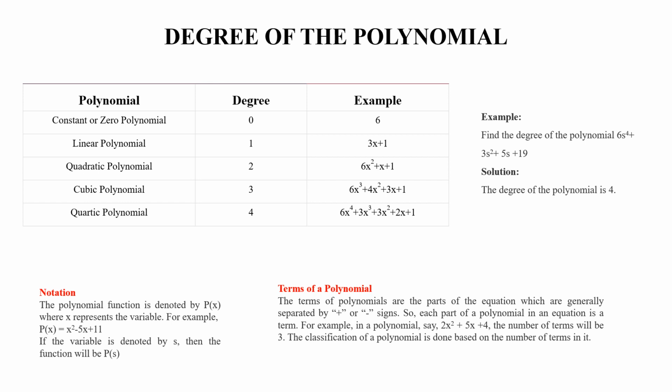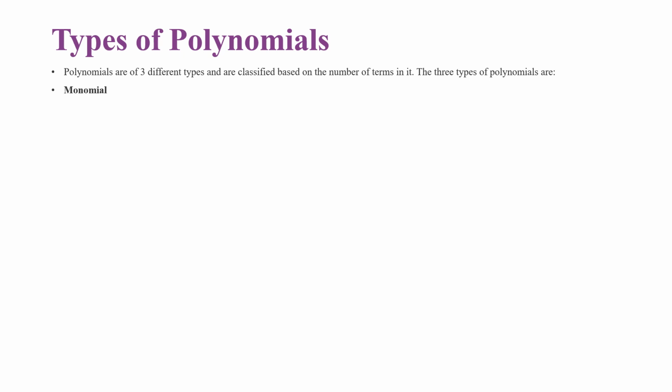Also, it has 3 terms. Okay, simple. How many types of polynomials are there? Three types: monomial, binomial, and trinomial.